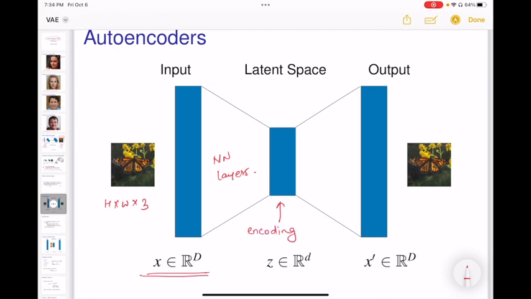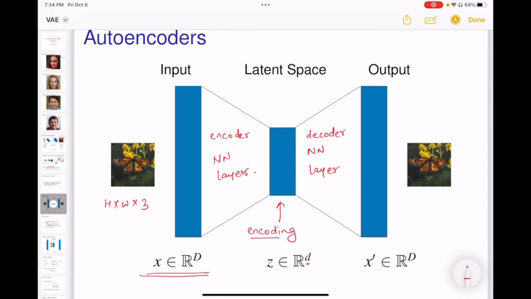of the image, okay? And this encoding should be such that if we pass it through a bunch of decoder neural network layers, let's say these are encoder layers because they are giving you the encoding, and these are decoder layers, what should happen is that the decoder neural network should be able to take this encoding, which is small d dimensional, and recover the original image that was given to the autoencoder.